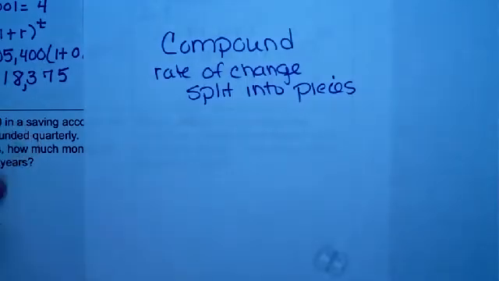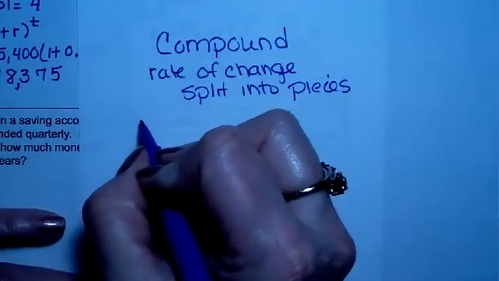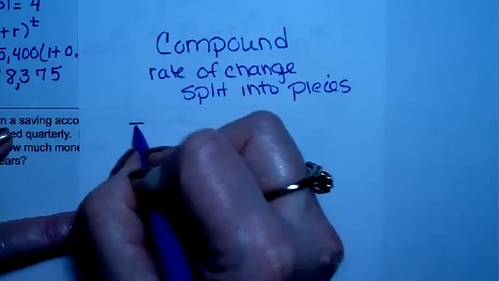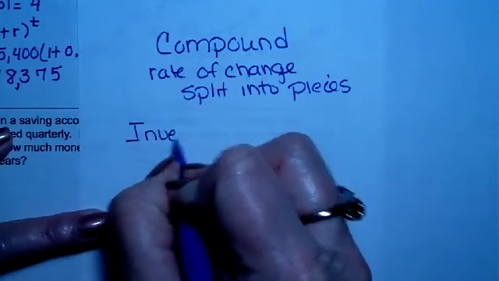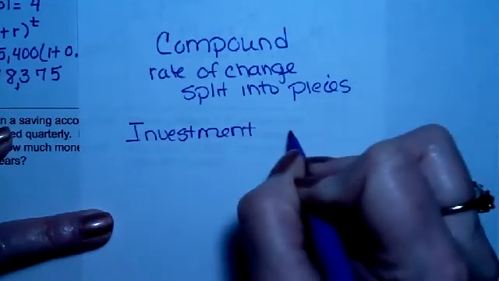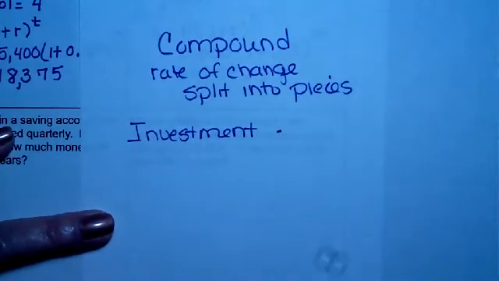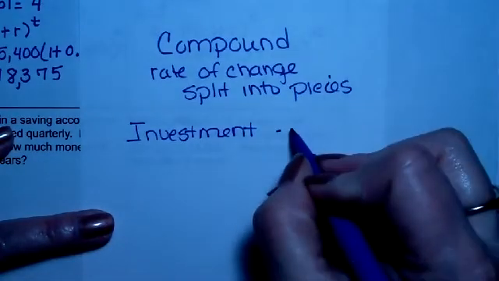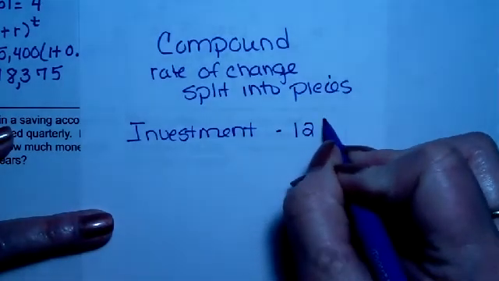So let's think about what I mean by this. Let's say you have an investment, and you ask about the rate of the investment. What is my percentage rate? You're told that it is 12%.